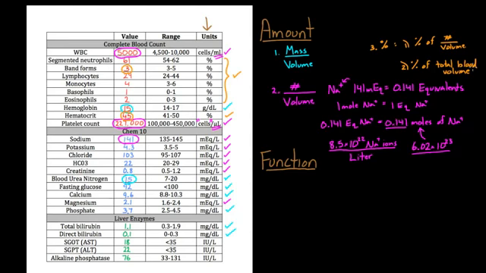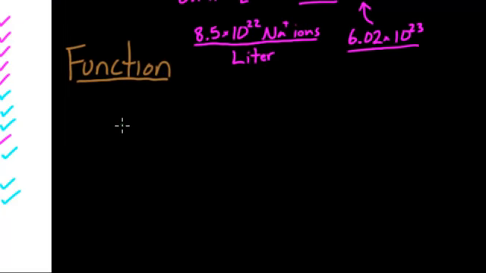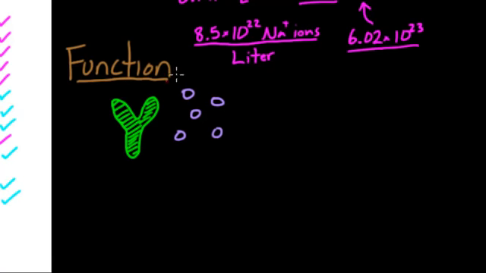Now, we've talked about amounts in 3 ways, right? But I've also mentioned function at the bottom. I talked about function in the beginning of this. So now imagine that you have a situation. Let's say you have a little enzyme. I'm going to draw it here as a little y. And let's say enzyme Y has a job. This enzyme's job is to take little molecules like this, let's say 5 of them, and add little red things to them.